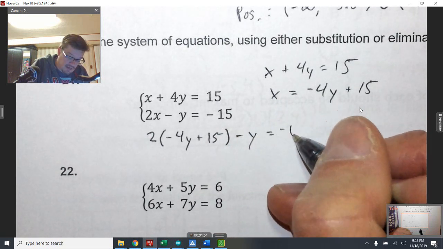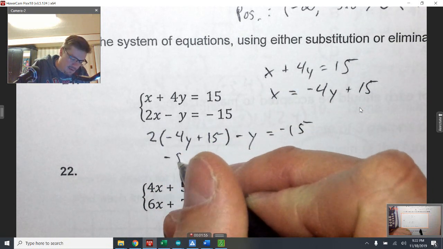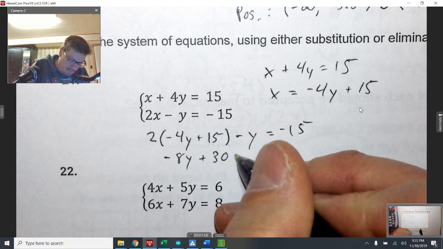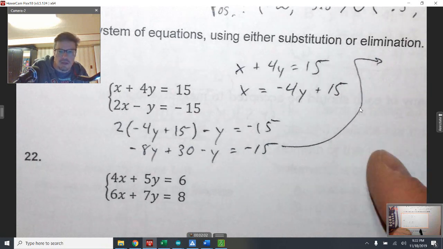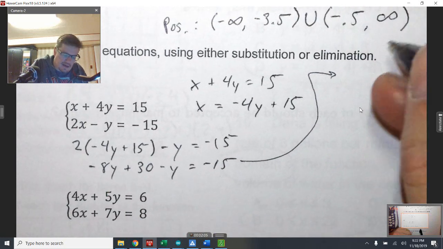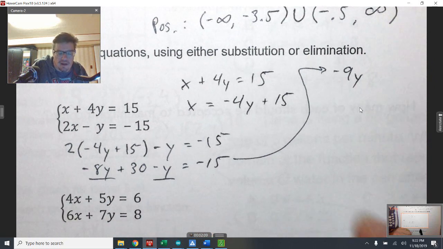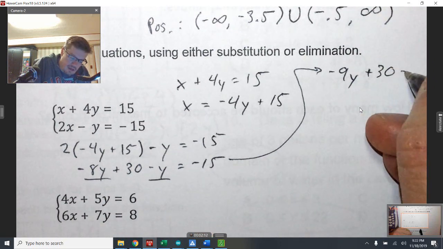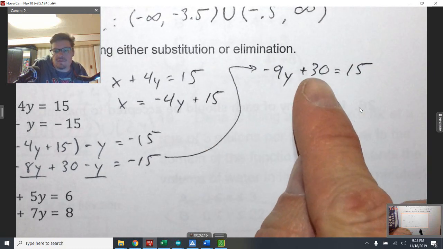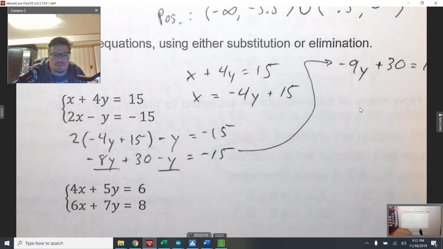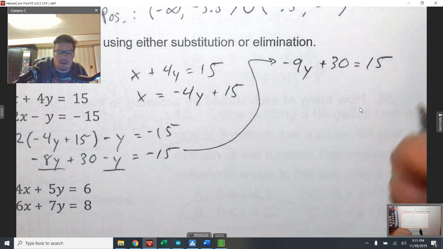Minus y equals negative 15. And so I have to distribute. So I get negative 8y plus 30 minus y equals negative 15. After I combine like terms, I'm going to get negative 9y plus 30 equals negative 15. Now 30 moves over to the other side.